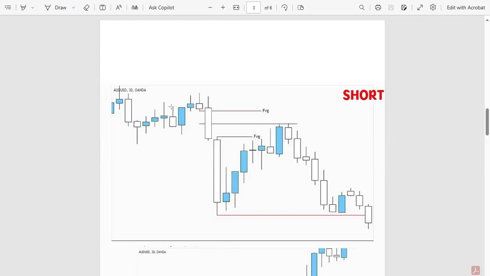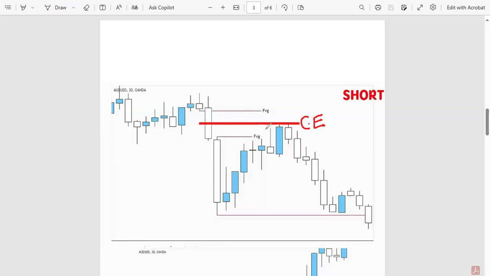Let me show you. This is the breaker block. So we have a breaker block overlapping with this fair value gap, and entry is on the 50% of this fair value gap, which is what we call the consequent encroachment, CE.